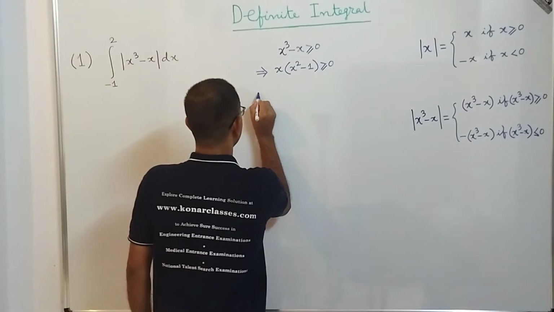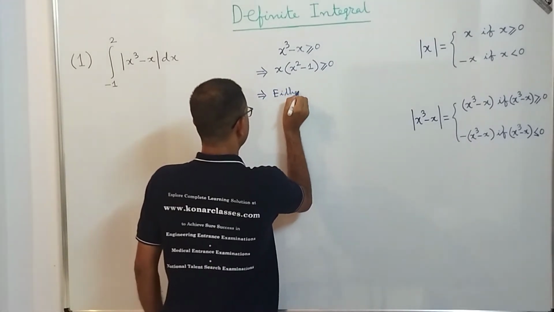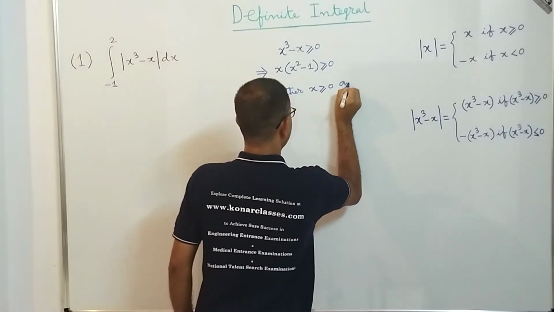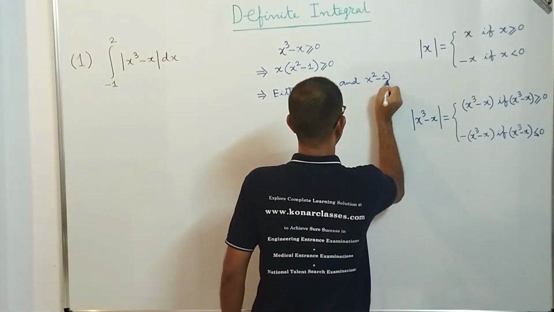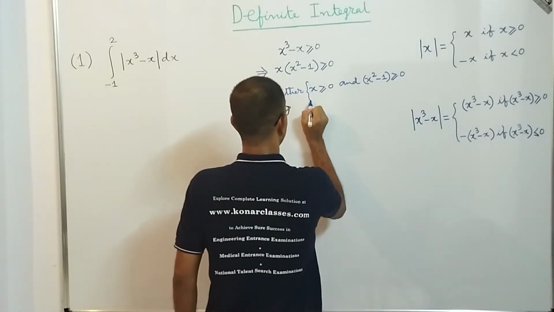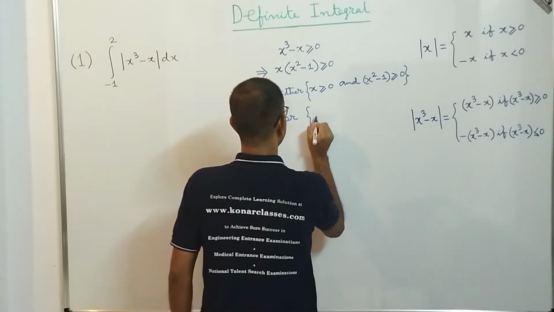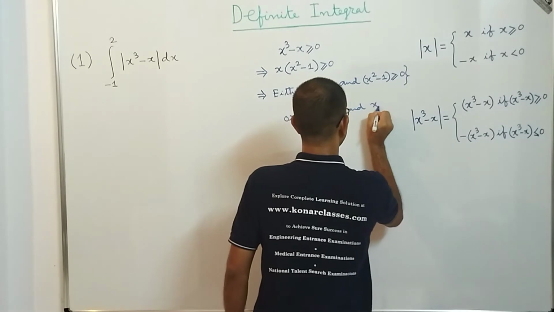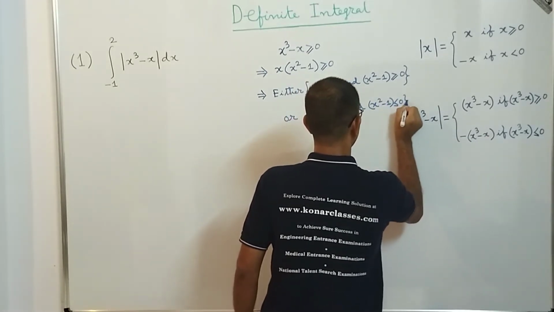So look here. We can say that either x is greater than or equal to 0 and x square minus 1 is greater than or equal to 0, or we can say that x is less than or equal to 0 and x square minus 1 is less than or equal to 0.